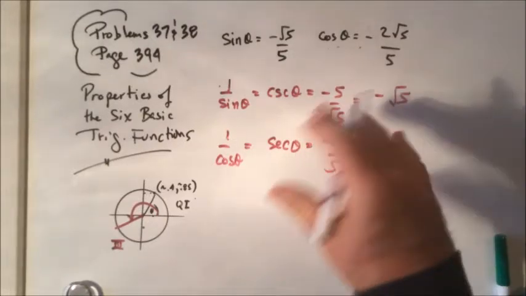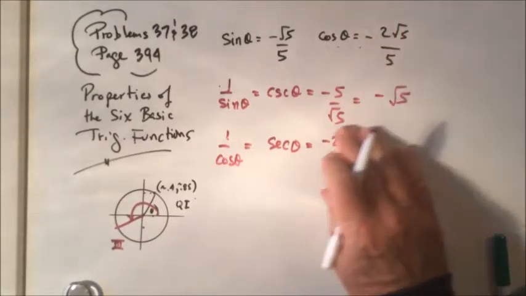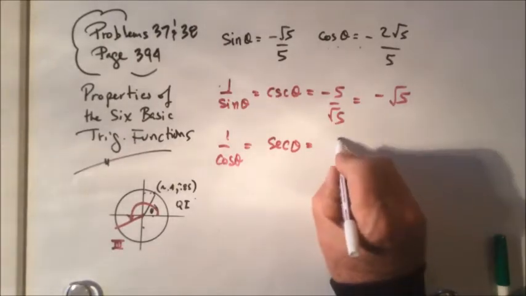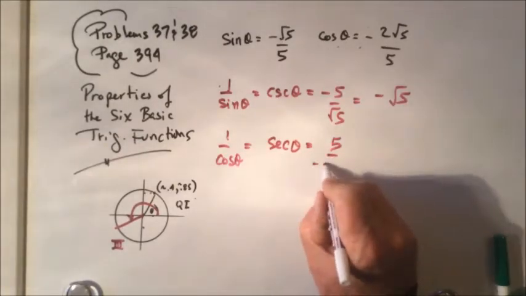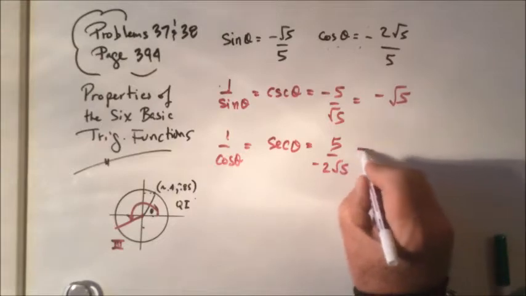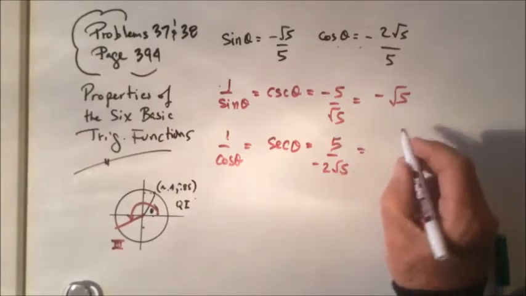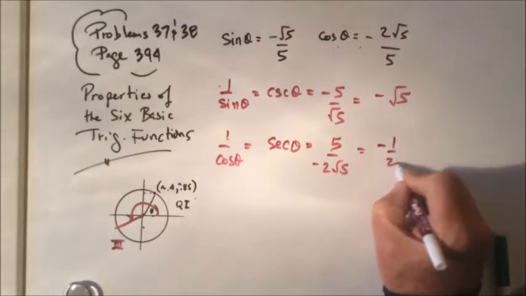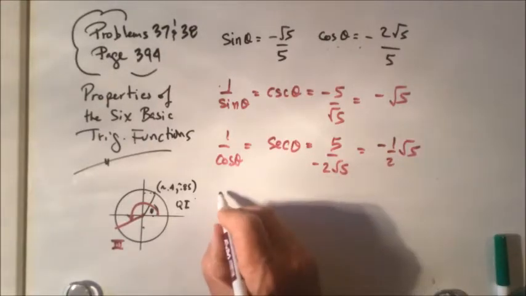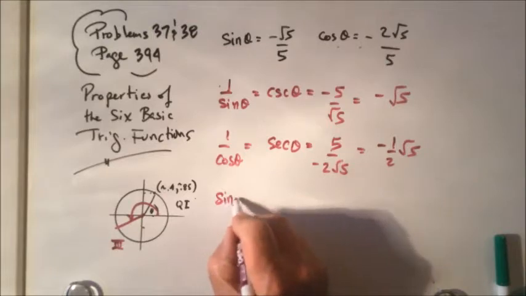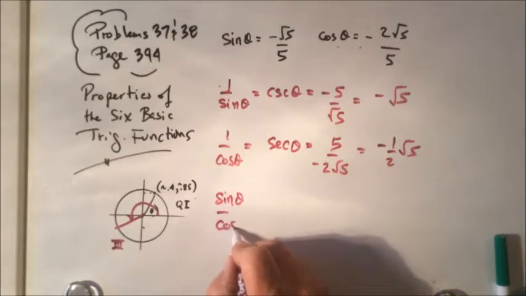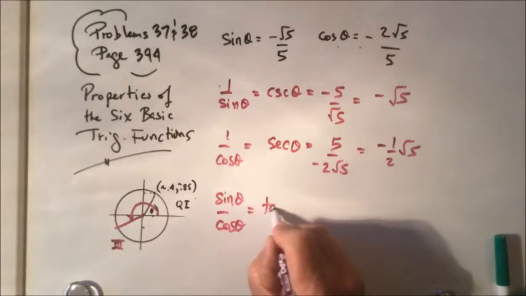Oh, and I did that wrong. The cosine is minus 2 root 5 over 5. The secant is the reciprocal, 5 over minus 2 root 5. And so if I multiply top and bottom by root 5, I get 5 down here, cancels that 5, leaves minus 1/2 root 5.